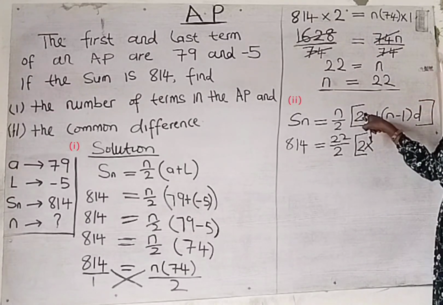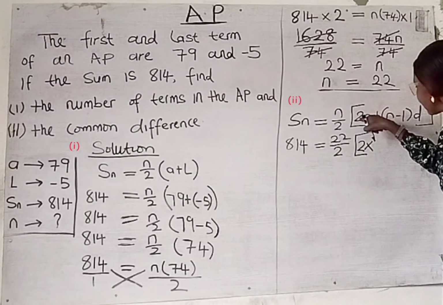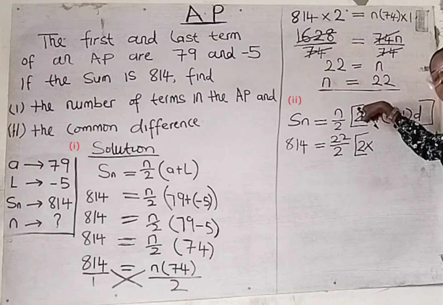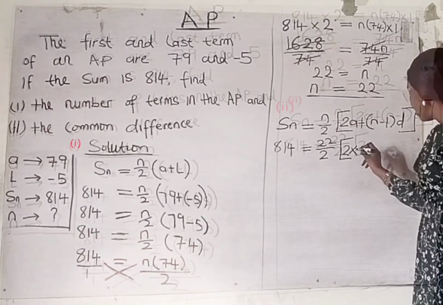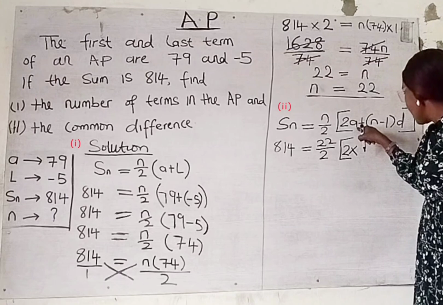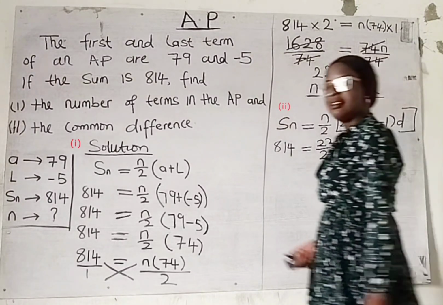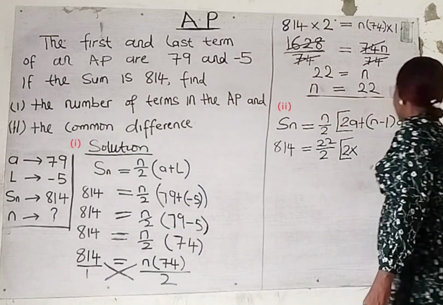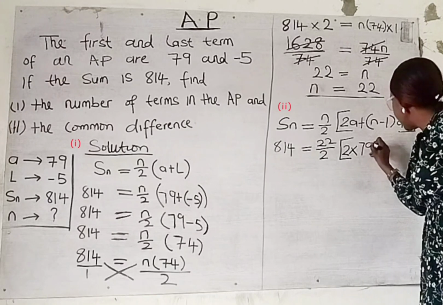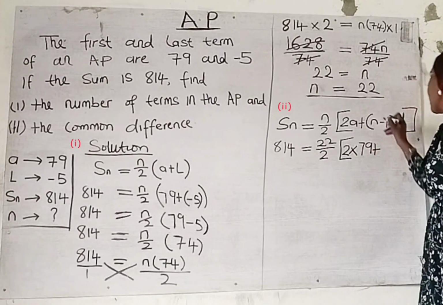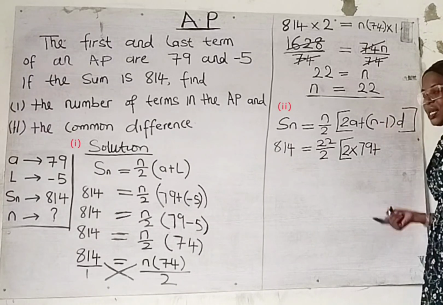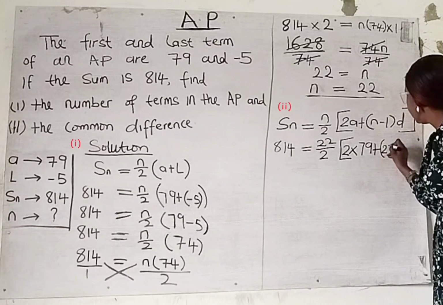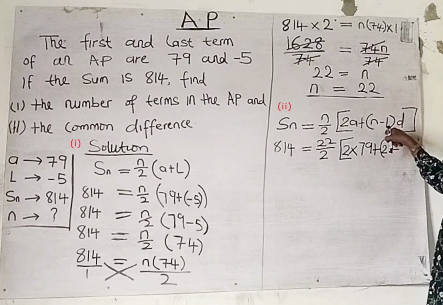There's an invisible times, I always say it. Whenever there is a number and a letter, there's an invisible multiplication sign in between them. Okay, I make it visible now. A is 79. Just like the first one, the same a we're still using is 79. So write times 79. Put the plus. N we know is still 22. You are still using the same n. So open the bracket and put 22 minus 1, as in the formula.